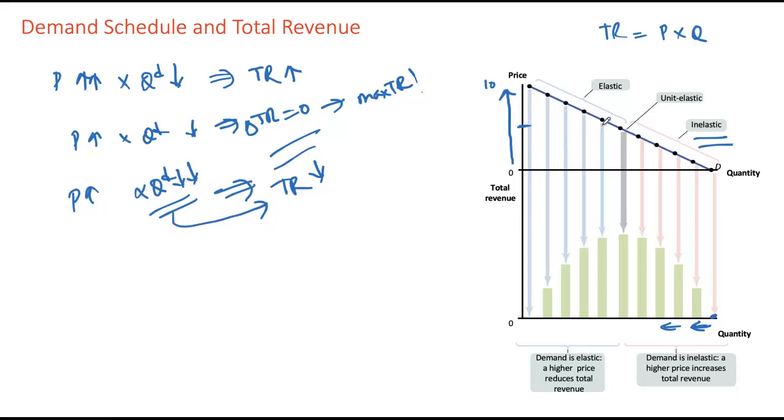So total revenue will fall, and eventually reach 0. So we can see that with a linear demand curve, your total revenue will always be a maximum function with a downward sloping linear market demand. And what happens to revenue essentially comes from the fact, can be determined by what type of elasticity measure we are working with.